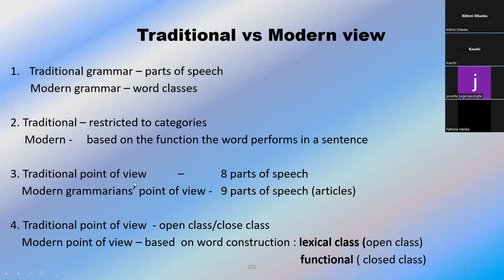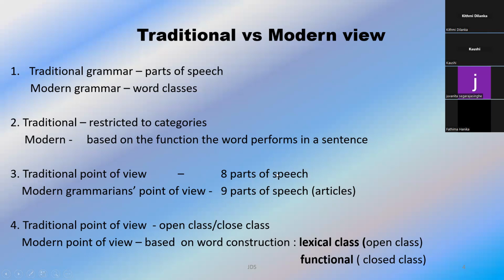From the traditional point of view, there are 8 parts of speech. Traditionally, they had 8 parts of speech. But from the modern grammarian's point of view, you have 9. What is the additional one that has entered into the list? It's the articles. So articles were there already. Articles existed under the 8 parts of speech, but they came under adjectives.